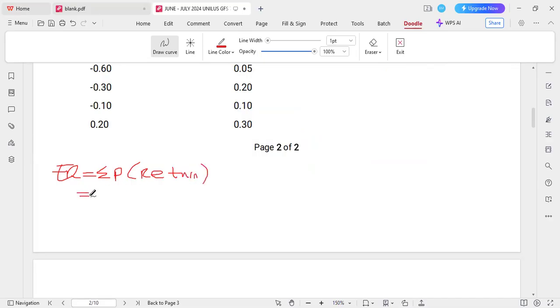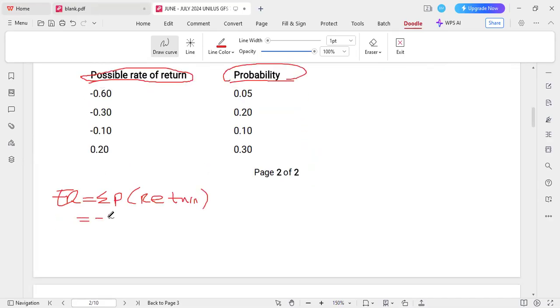So under this one, it will actually be negative 0.6 on 0.05, then plus negative 0.3 on 0.2, plus negative 0.1 on 0.10, plus 0.2 on 0.3.